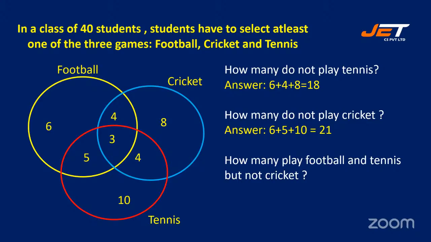How many play football and tennis, but not cricket? It is 5. Okay, how many play football and tennis, but not cricket?